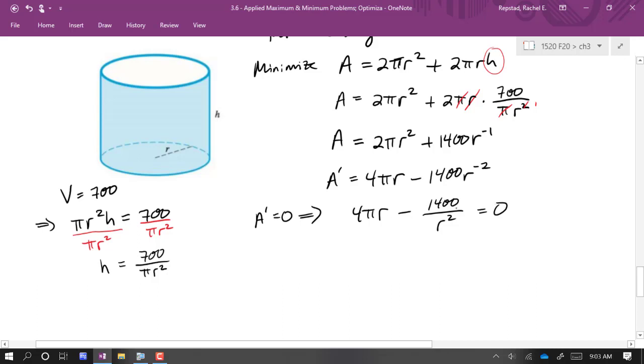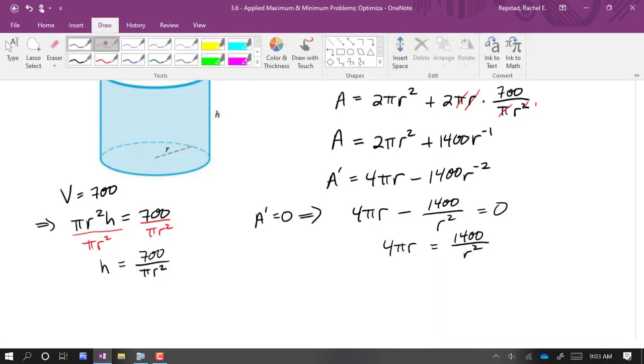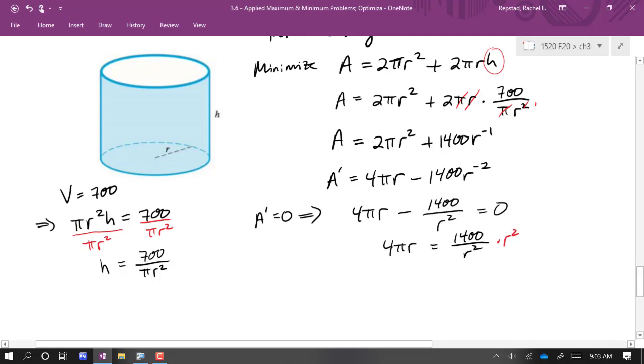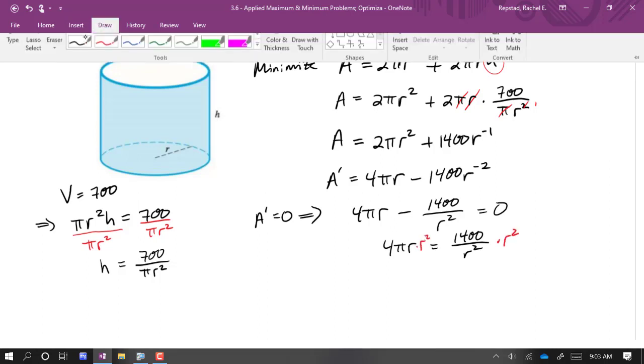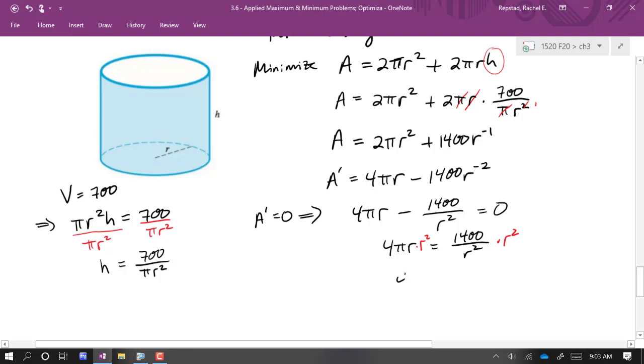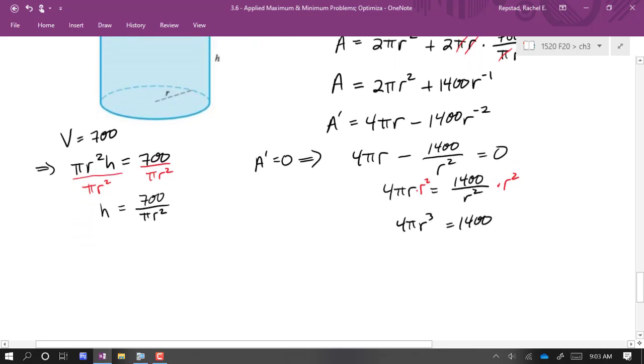I'm going to throw that fraction on the other side, so 4 pi r is equal to 1400 over r squared, and we can multiply both sides by r squared. So 4 pi r cubed is 1400. Now we can solve for r cubed pretty easily and then take the cube root.